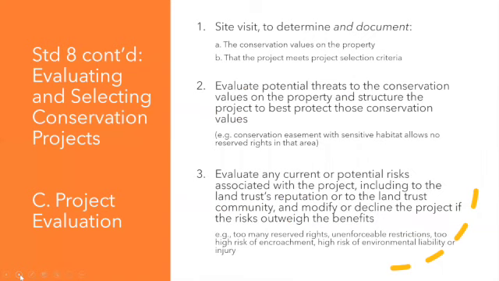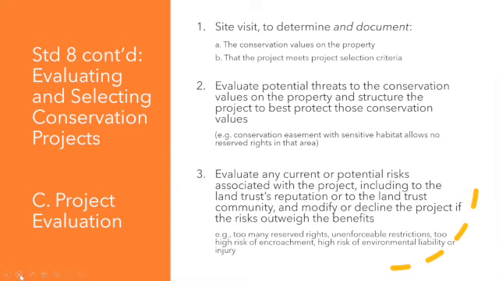All right, so in addition to meeting a land trust's selection criteria and its priorities, no project should go forward without at least one physical visit to the property. And the site visit is one more way to ensure that the project meets project selection criteria by providing ground truthing to what might have been seen on maps and GIS.